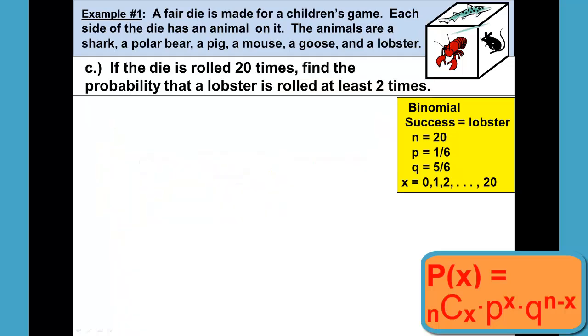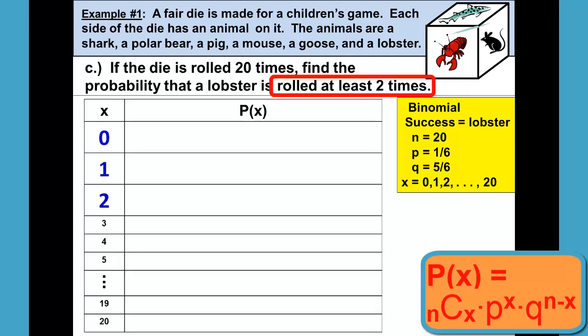Part C says, if the die is rolled 20 times, find the probability that a lobster is rolled at least 2 times. At least means 2 or more, so we want to find the circled items here on the screen.